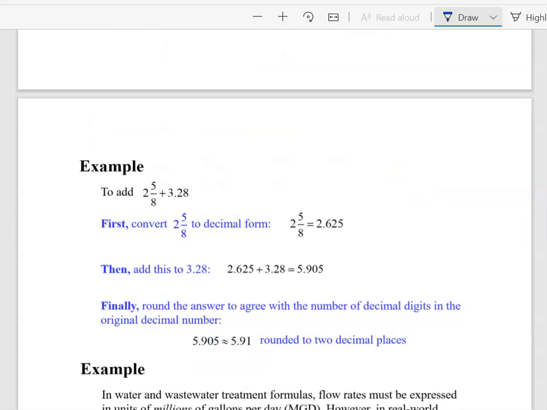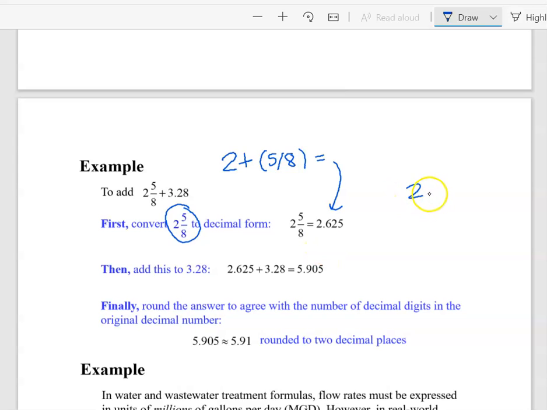So if we want to add 2 5/8 plus 3.28, the first thing we want to do is convert 2 5/8 to decimal form. You could do that using your calculator if you want to. You would just do 2 plus, and then in parentheses, or use the fraction bar, 5 divided by 8, and it would give you this number.